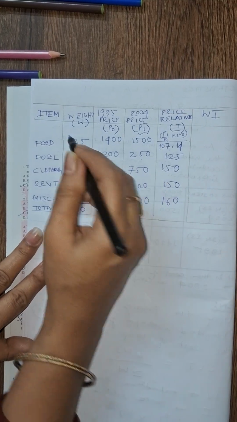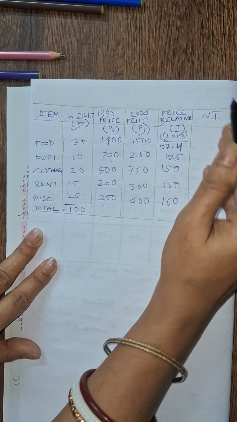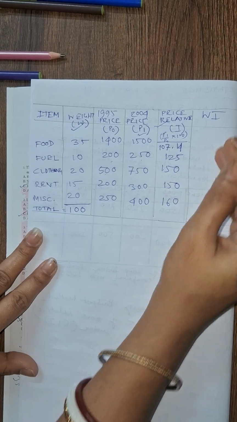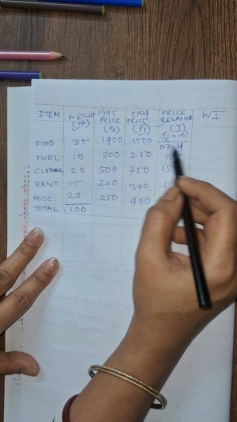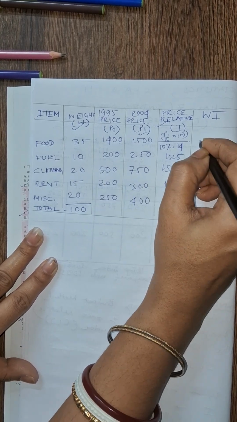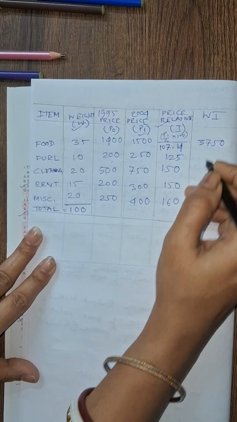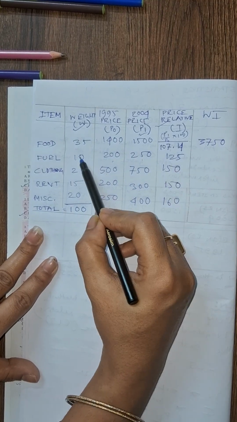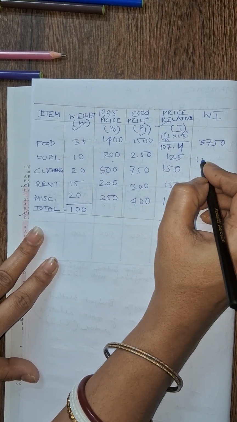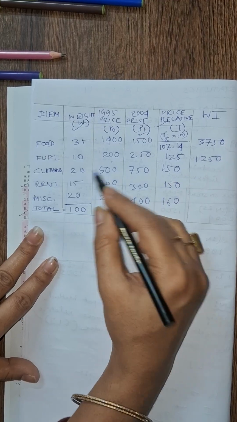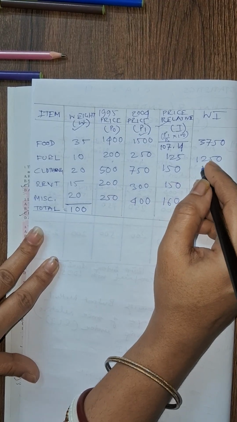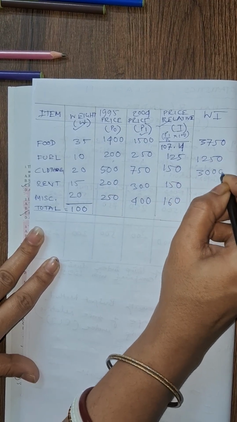Now W into I, that means this W into this I. So we calculate it as, the first one, 107.14 into 35 is 3750. Next one is 125 into 10, which is 1250. 150 into 20 is 3000.